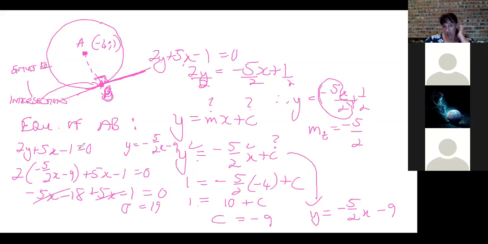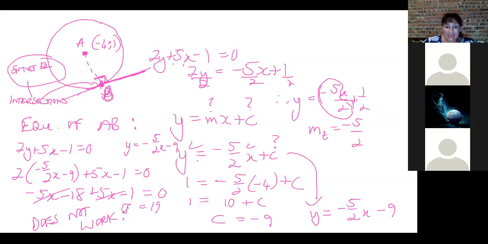Hypothetically, simultaneous equations. Not in this case; it does not work. Yours will. If they ask you the question, you'll be able to solve simultaneously and find that intersection. Here it means that there is no intersection of this line with that circle.